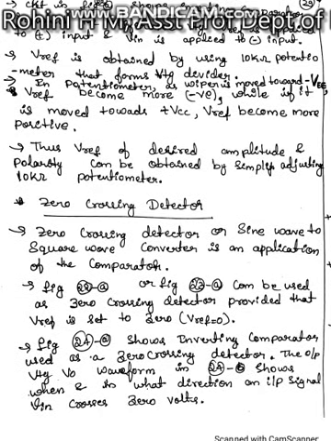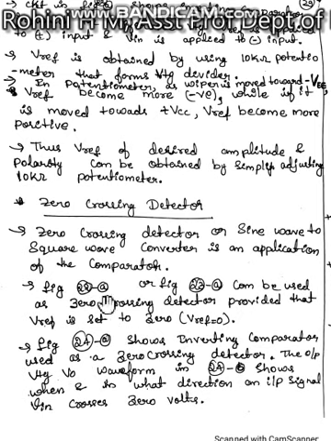The zero crossing detector, or sine wave to square wave converter, is an application of the comparator. We give a sine wave as the input and get a square wave as the output. The figure shows the zero crossing detector, provided that V reference is set to 0 volts.